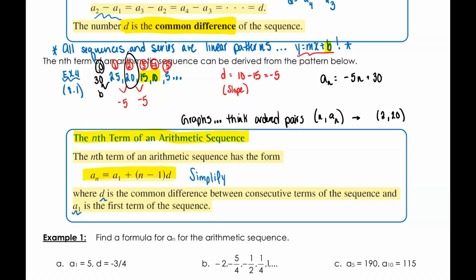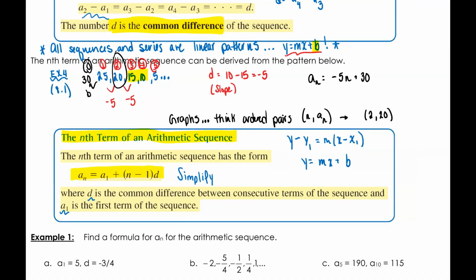Think about our other linear equations. We've got point-slope form, y minus y1 equals m times x minus x1. This formula actually looks more similar to point-slope form if we were to solve that for y. And then we've got y equals mx plus b.